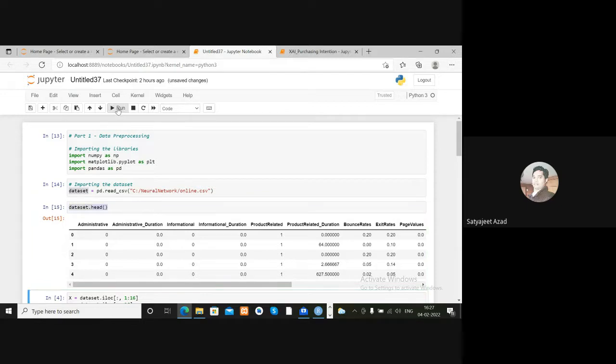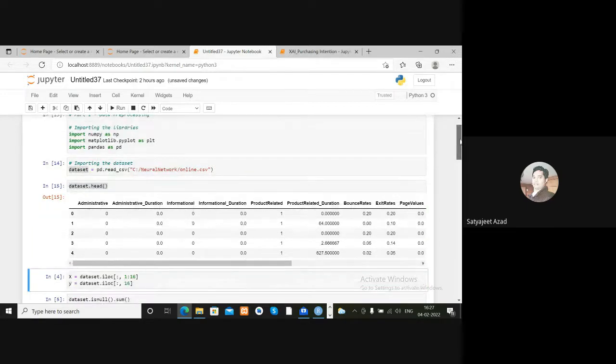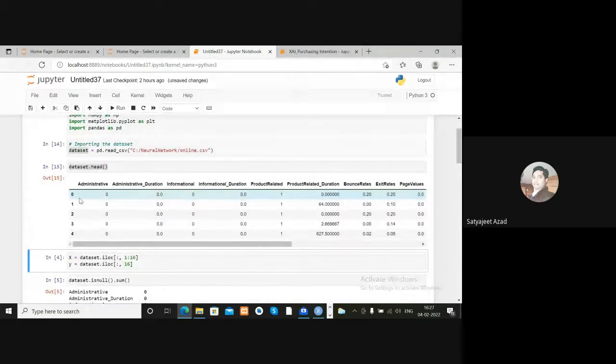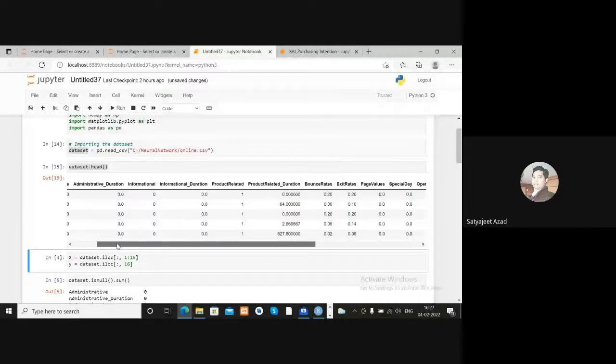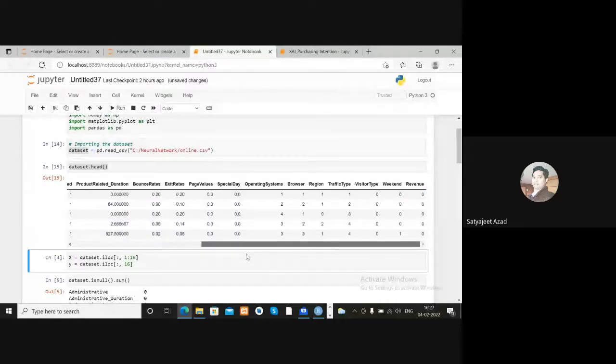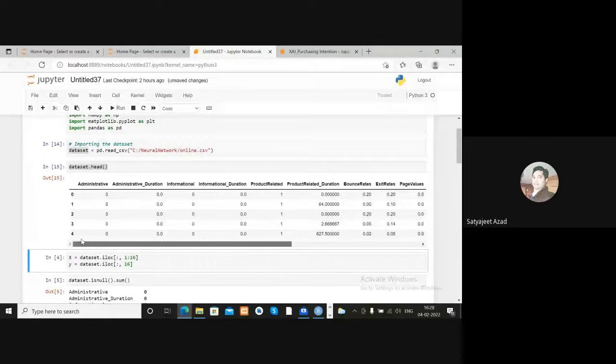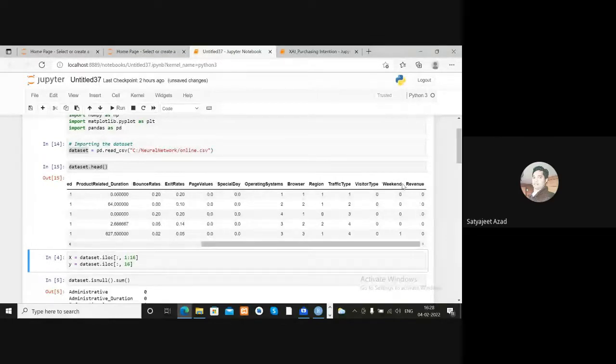Dataset.head gives us the first 5 records, so that we understand what is there in the dataset. If you see, these are all the features, from administrative to weekend. These are all the feature variables. But revenue, the last one, is our target variable, because this is a binary classification problem.